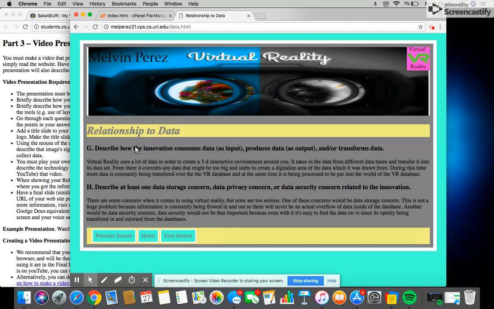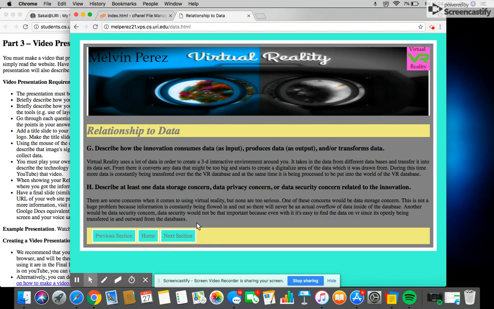Relationship to data: describe how the innovation consumes data as inputs, produces data as outputs, and how software transforms data. Basically, it takes data from different databases and transfers it to its data set and basically uses it in order to create that environment. Describe at least one data storage concern, data privacy concern, or data security concern.